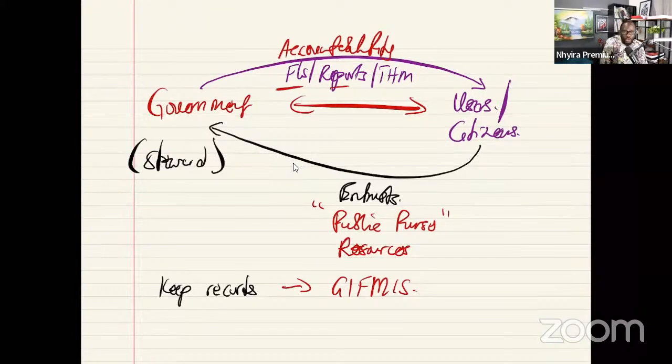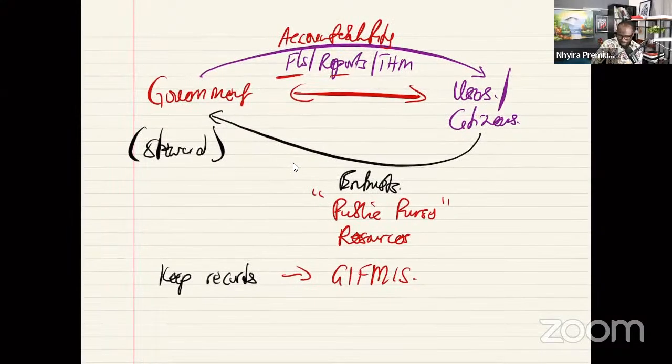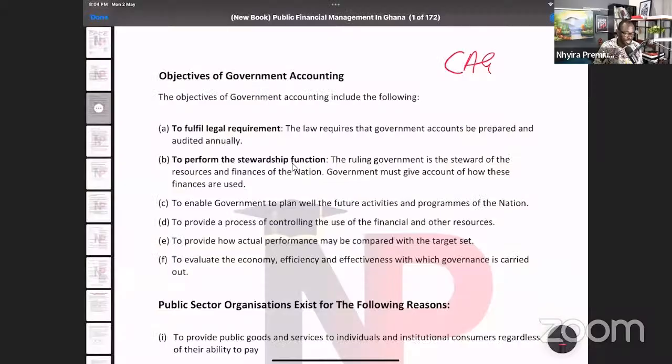Now, how do you prepare financial statements if you don't keep records? How do you prepare reports if you don't classify those records? So in order for government to execute the stewardship function and be held accountable and show accountability for the utilization of the resources entrusted to it, they got to keep what? Accounts, at the end of the day.